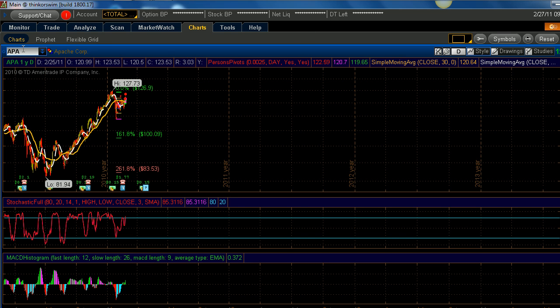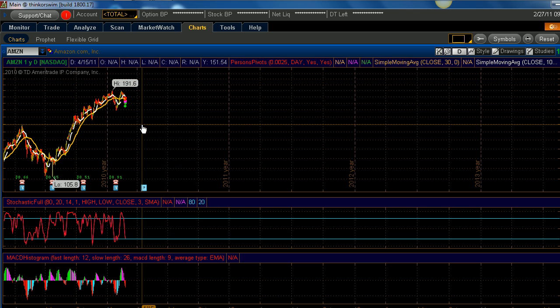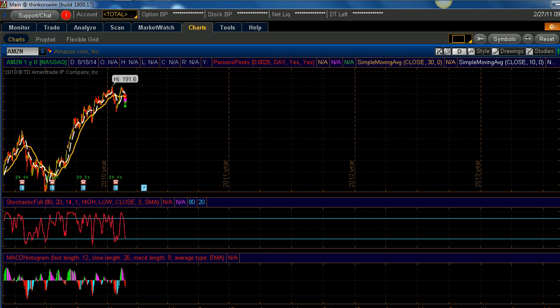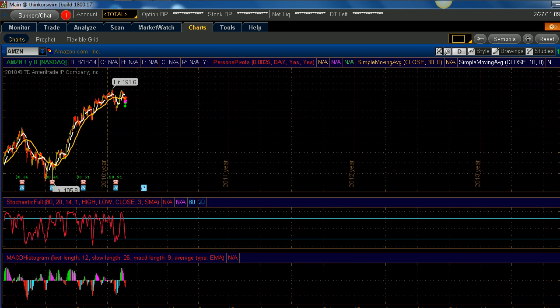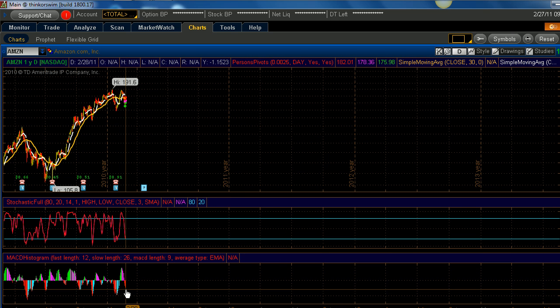So I'm going to hit Amazon real quick because I had everyone go short on that on Friday that wanted to. And that worked out real well for us. Now you can see the opposite here. Look at this. You've got the oscillator in sell territory.